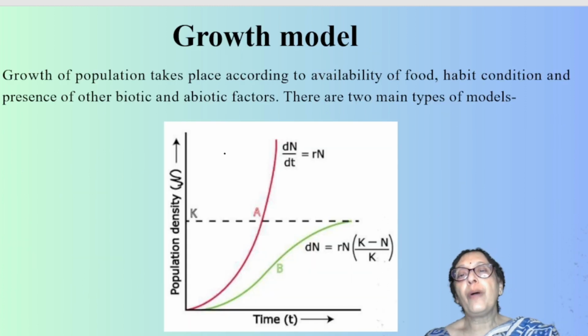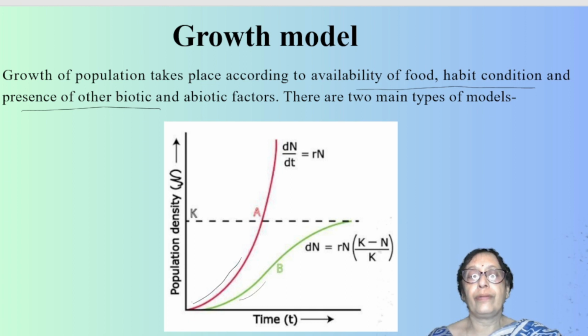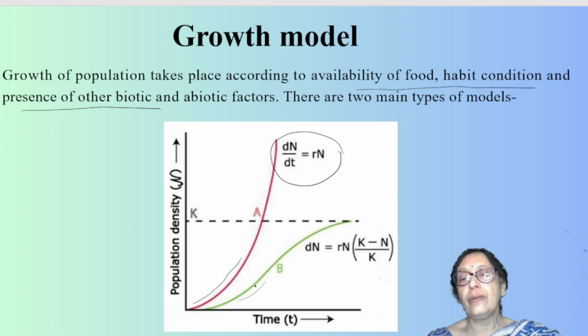Growth of a population depends upon the availability of food, habitat condition, and other biotic and abiotic factors. The growth can be described under two models. One is the exponential growth curve, another is the sigmoid growth curve. In the exponential growth curve, we define it by this equation where dN/dt is equal to rN. It grows continuously with time if food, habitat condition, etc. are all favorable.